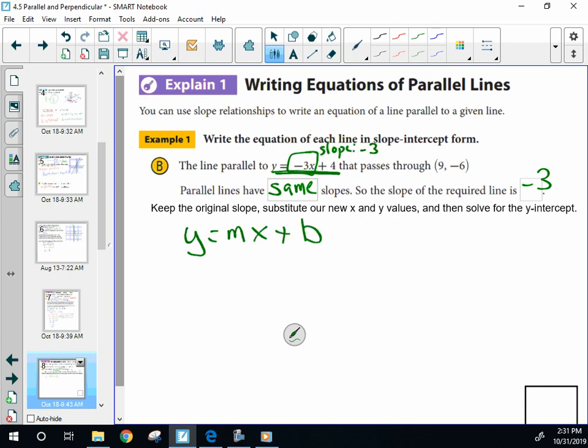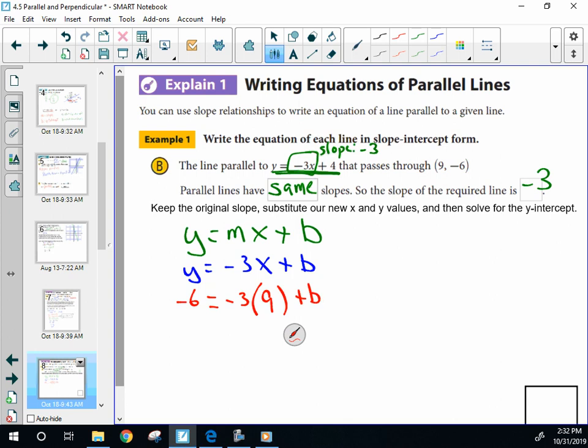y equals mx plus b. I know my slope is -3, so I'm going to replace m with -3. But I don't know my y-intercept, b, yet, but I do know the line has to go through the point. So I'm going to plug in the point (9, -6) for x and y: 9 for x, -6 for y.